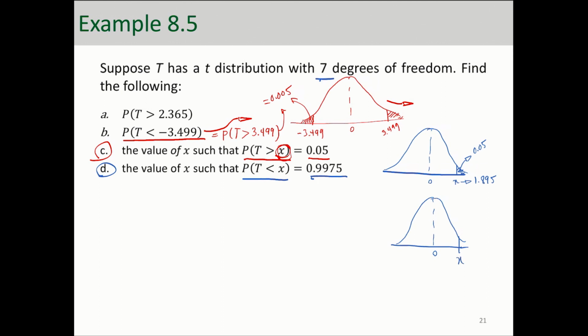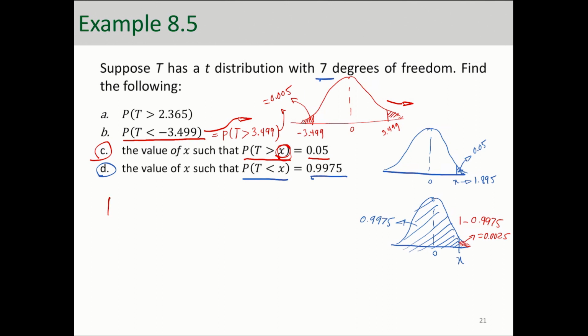So there's an x somewhere here, such that the area before x is 0.9975. That means the area after x is 1 minus 0.9975, which is 0.0025.